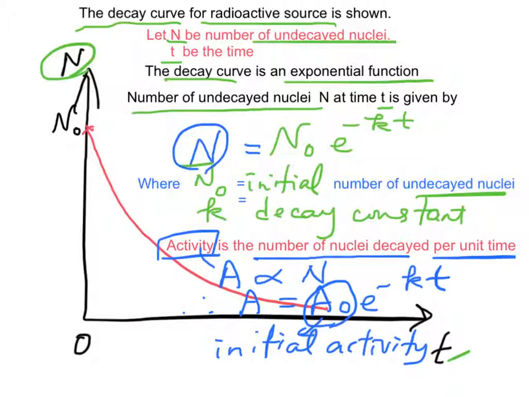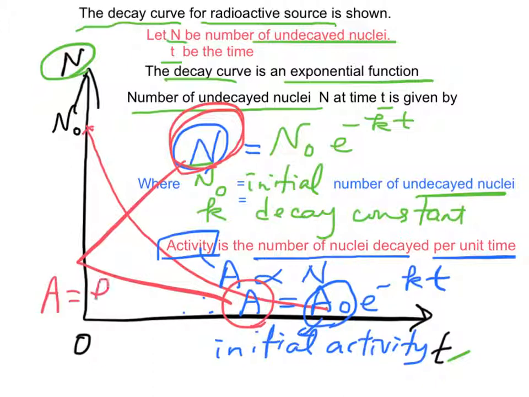Mathematically, the activity A is related to the number of unstable nuclei left n by a formula A equal to Kn, where K is the decay constant. This formula is very important. You must memorize this one.